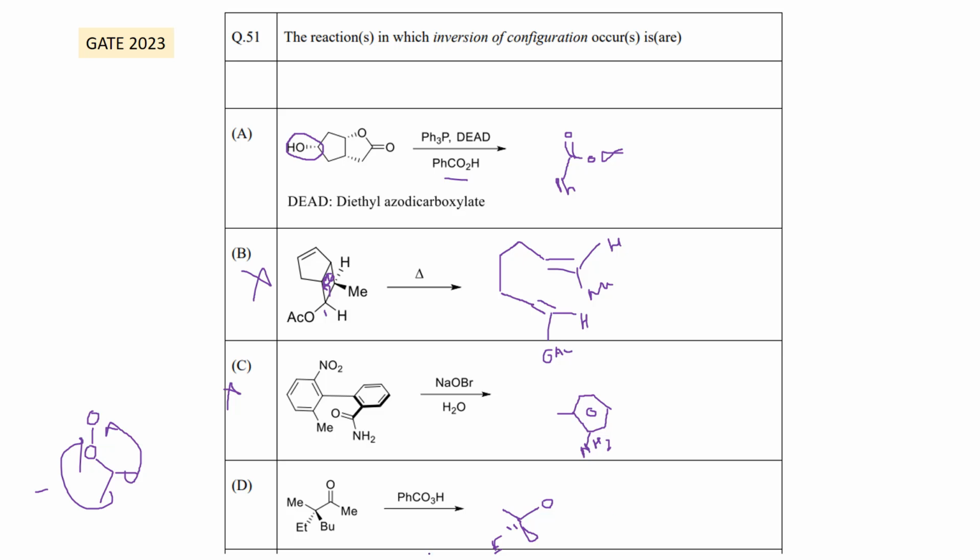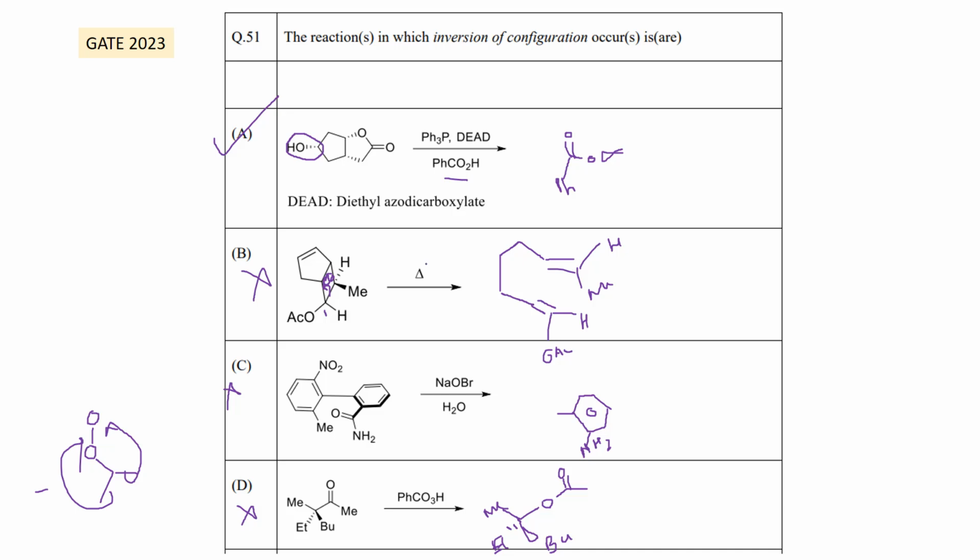There will be just a shifting, retaining the stereochemistry of this carbon. As we have solved all this type of named reactions, we can solve these problems in a single chance. So there will be no inversion of configuration also. So the correct option will be only option A. The correct option will be option A.